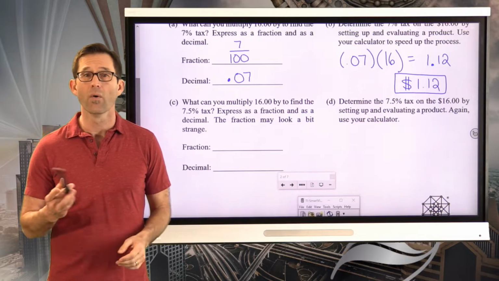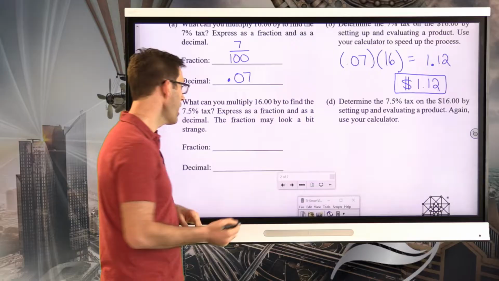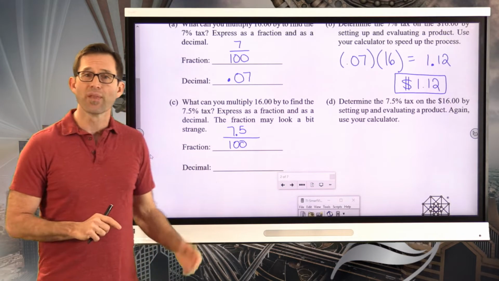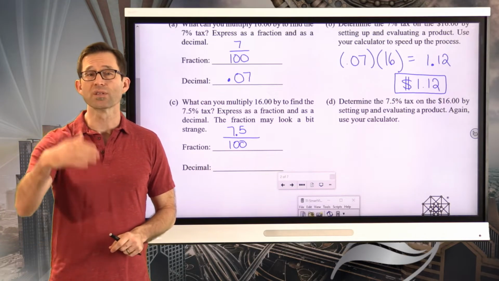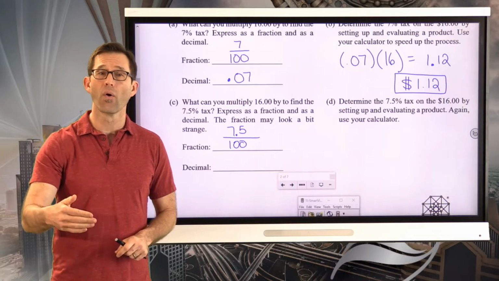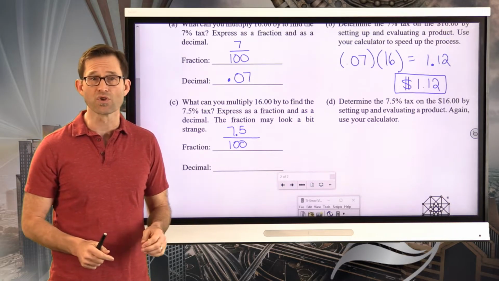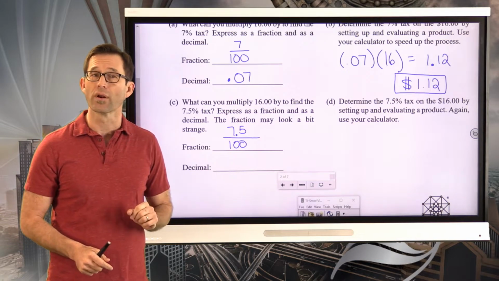All right, well, here we go. The fraction had been 7 out of 100. Now the fraction is 7.5 over 100. And this is where I mentioned that it might look a little strange. We're used to, when we have fractions, seeing a whole number in the numerator and a whole number in the denominator. But there's actually nothing wrong, because fractions are division, with having something like 7.5 divided by 100.